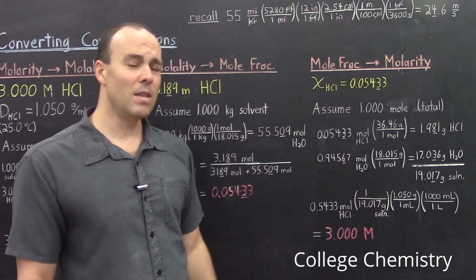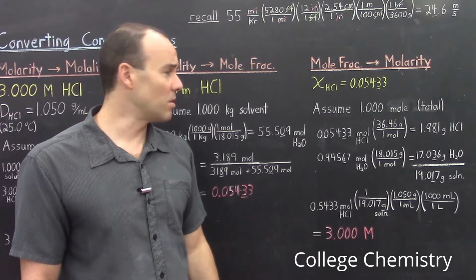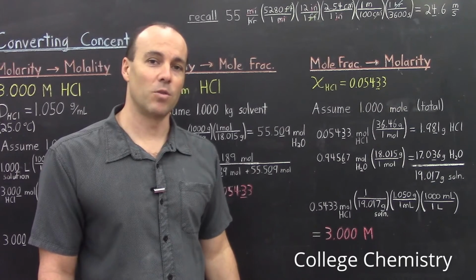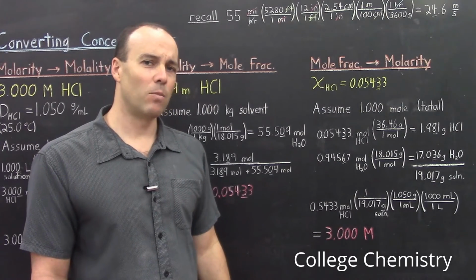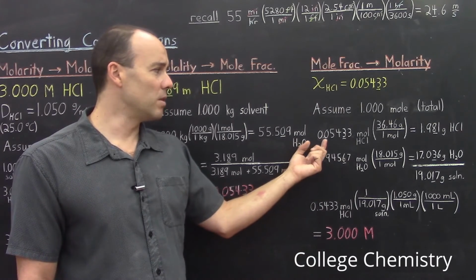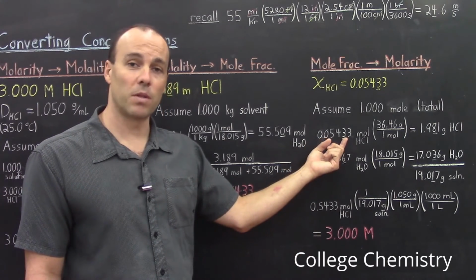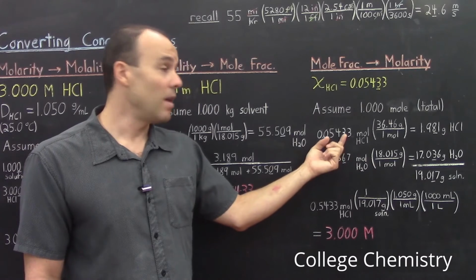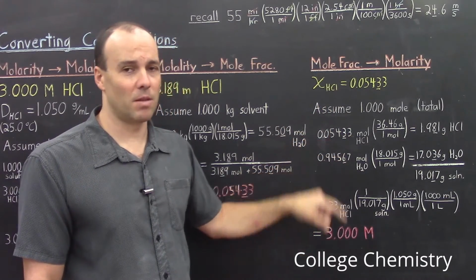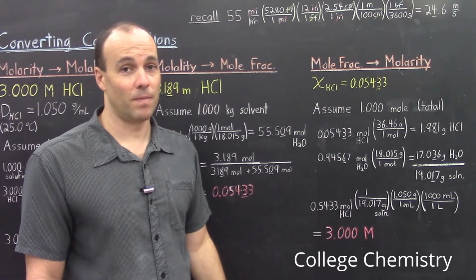So a convenient amount for mole fraction is just to assume 1 mole total in the solution. If you have 1 mole total in solution, that means you have 0.05433 moles of HCl, and the rest of the moles, which is 1 minus this number, is the moles of the water.